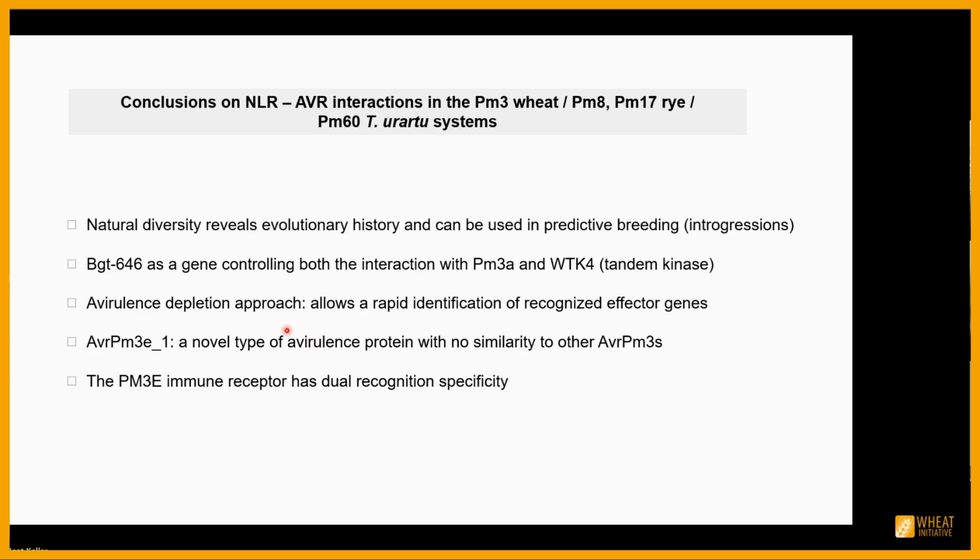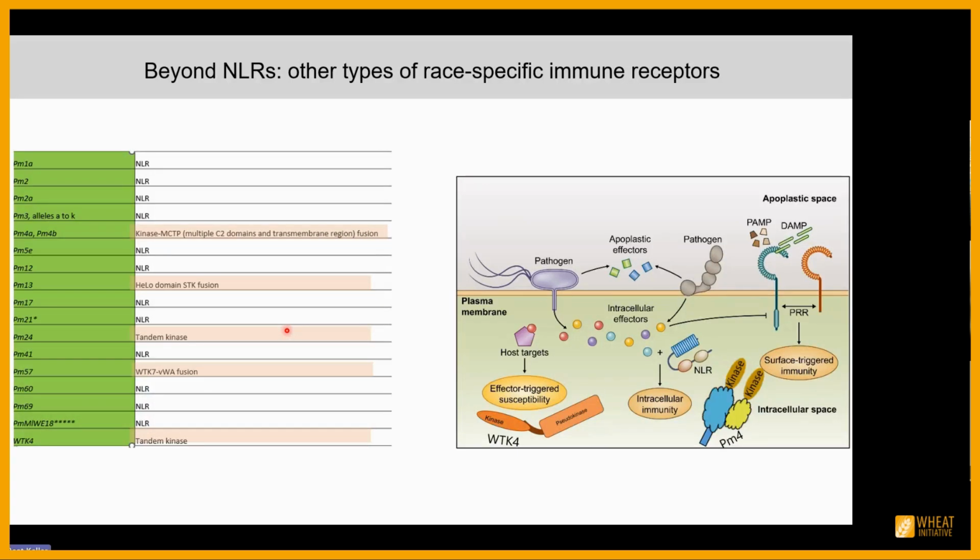Now, to just conclude, maybe in the last 5 minutes or so, I want to describe to you our recent work on non-NLR race-specific immune receptors. As I said at the beginning, from these 17 genes isolated at the moment, 5 do not encode NLRs.